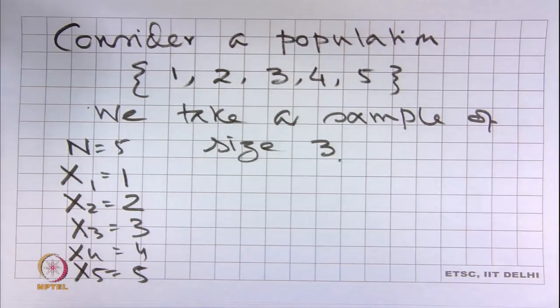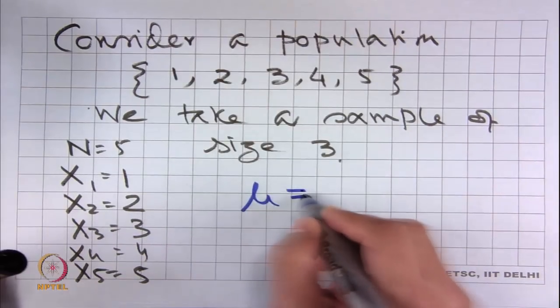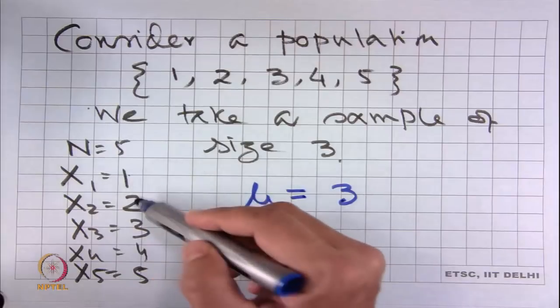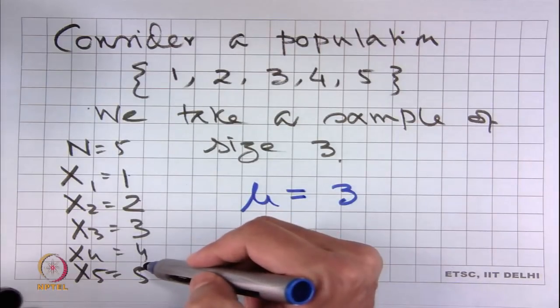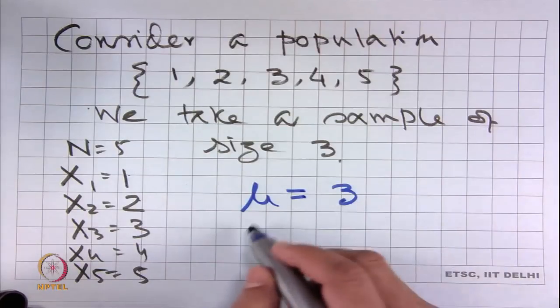capital N is equal to 5, and we can easily calculate that mu is equal to 3: 1 plus 2 plus 3 plus 4 plus 5 is equal to 15 divided by 5, which is 3.